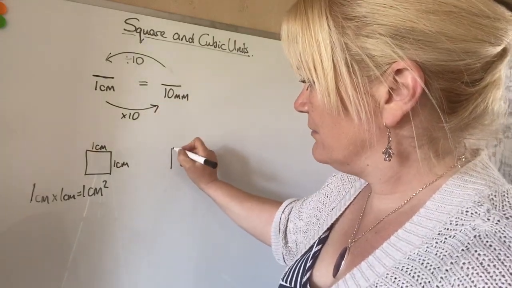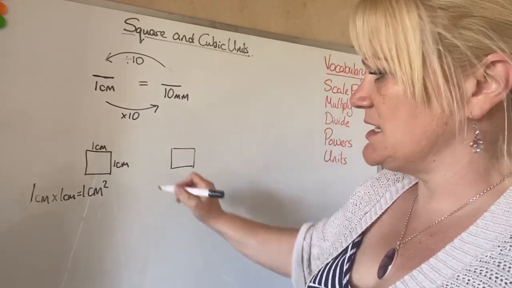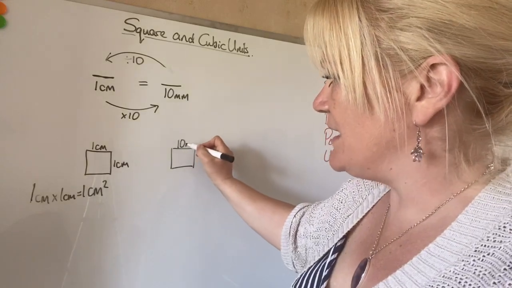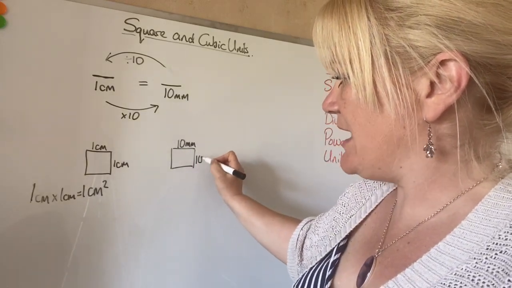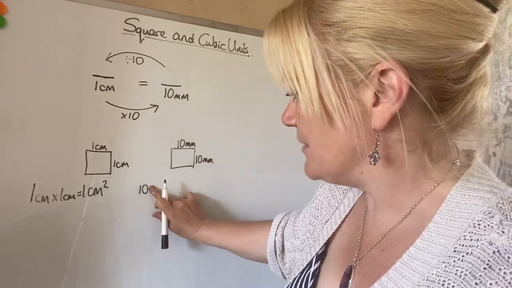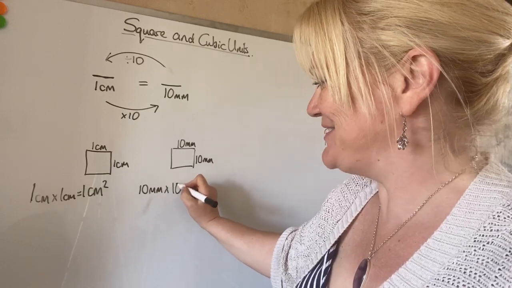Equally, if we had that same size square, but we're dealing with it in millimetres, then we're going to have 10 millimetres and 10 millimetres. When we work it out, I'm still forgetting my units. I need to remember what I'm doing.